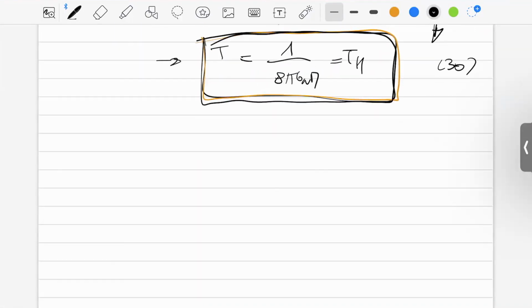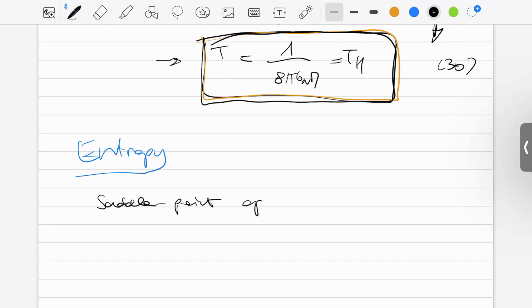And in order to compute the entropy, we first approximate the partition function using the saddle point approximation. Saddle point approximation means that you can approximate the partition function in the following way.